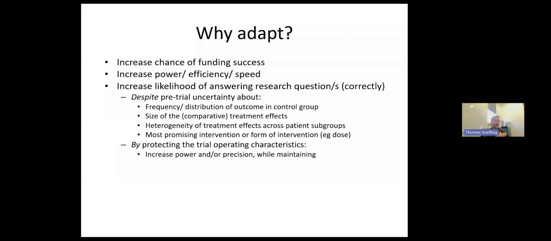So by this we mean increasing the power and or the precision of the effect estimates while maintaining low and acceptable type 1 error for conclusions, low bias in the effect estimates, and maintaining a feasible sample size, time for the trial and cost of enrolment.